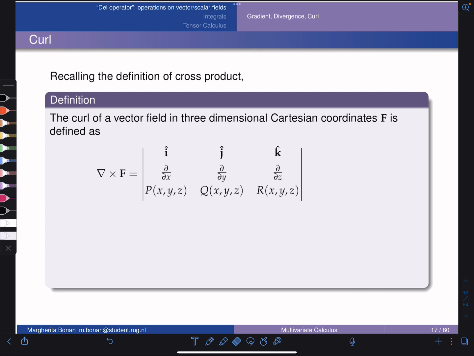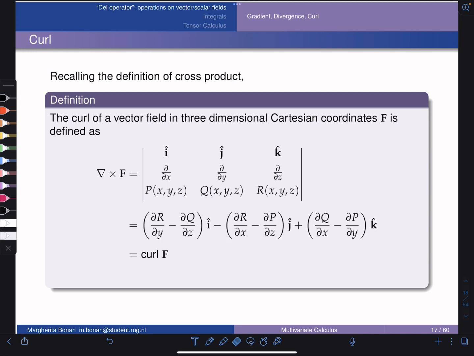The curl of f, so the cross product between the del operator and f, is defined as we saw in the previous slides as the determinant of this matrix, while p, q, and r are the components of big F. So this is equal, computing the determinant, to this expression, that is the curl of this vector field.